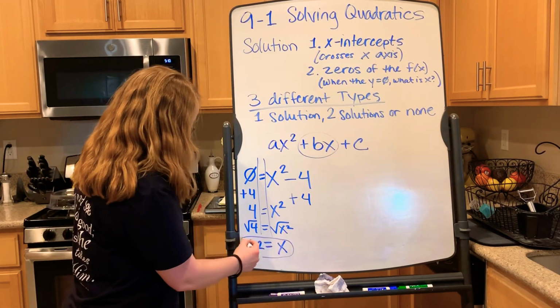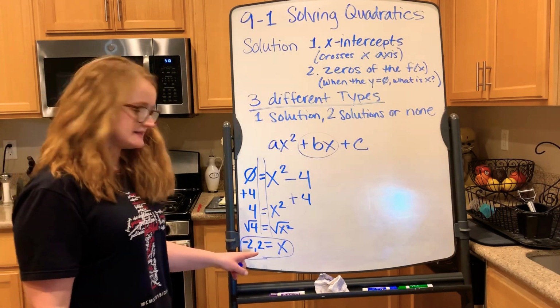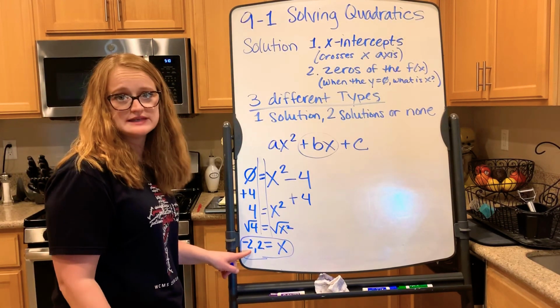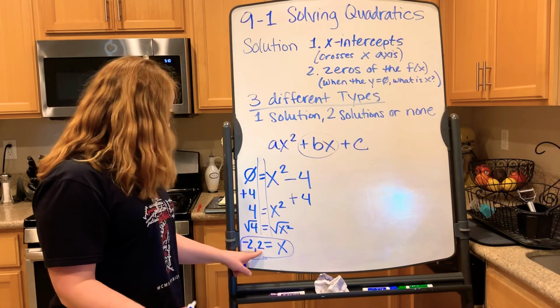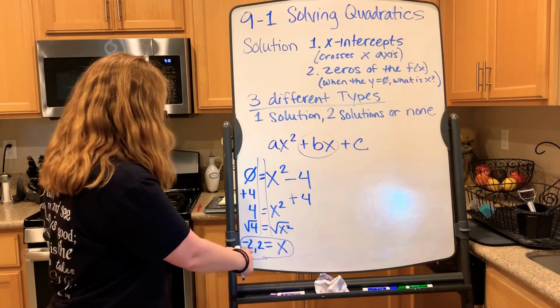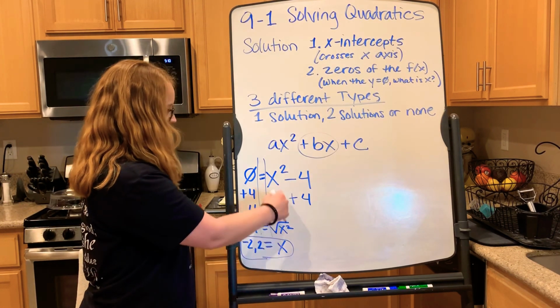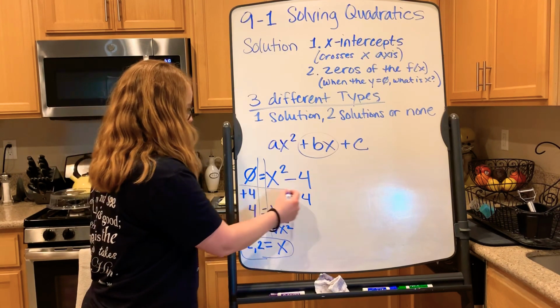Remember that anytime we have square roots, we're going to have two different solutions, because -2 times -2 is +4, and +2 times +2 is also +4. So that means that both -2 and 2 are the solutions for this original equation.